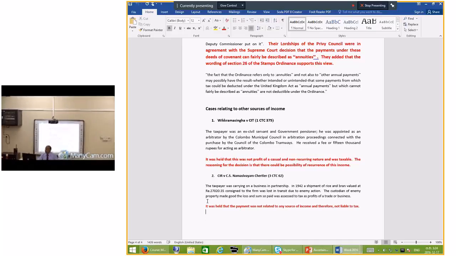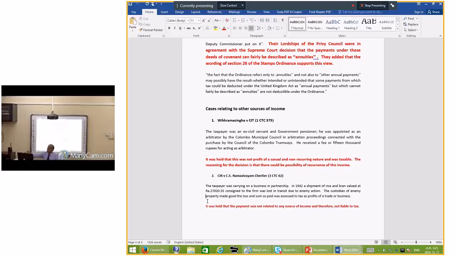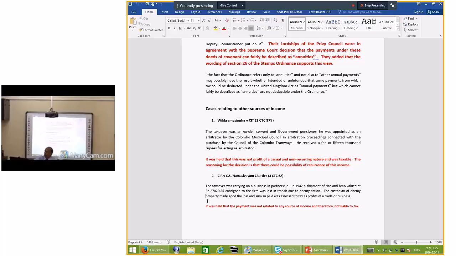The Namashivam case is also like that. The taxpayer was carrying on a business in partnership in 1942. A shipment of rice and bran valued at rupees 207,000 consigned to the firm was lost in transit due to enemy action. During the Second World War, the company had imported some rice and bran.